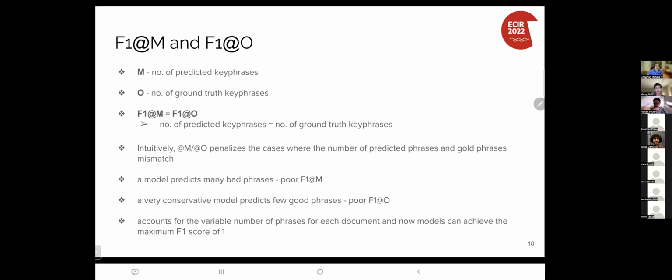If a model predicts many bad phrases, you get a poor F1 at M. And if the model is very conservative and ends up predicting only a few good phrases, then you get a poor F1 at O. This also accounts for the variable number of phrases for each document. And now models can achieve the maximum F1 score of 1 as well.